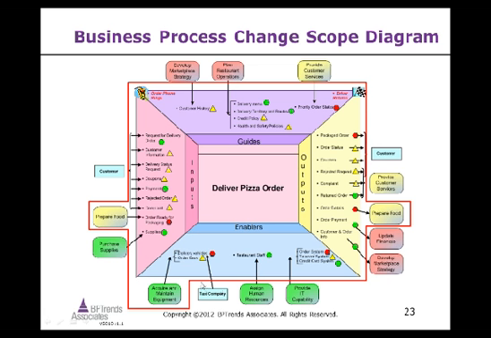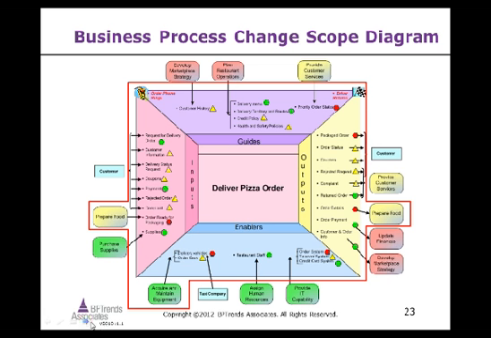Now, what we can also use this for is to actually scope your business process change project. So in this particular case here, I don't think I can really fix deliver pizza order if I don't look at prepare food, because there's reds hanging around prepare food. Also, if I don't look at acquire and maintain equipment, then I'm probably always going to have vehicles that break down, and I won't really be able to deliver the results.